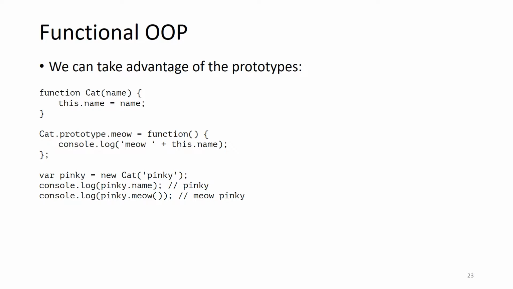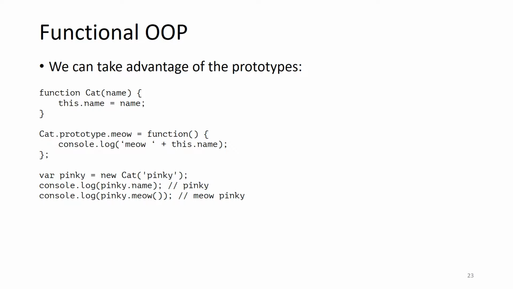So how does it work? Each function has a special property called prototype, and we can edit it, add new content, basically functions. So here, for cat, I add a new property, meow, to the cat prototype. And when I now call new cat, what will happen?